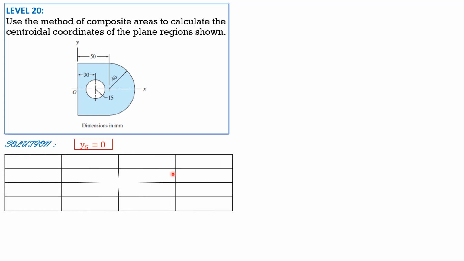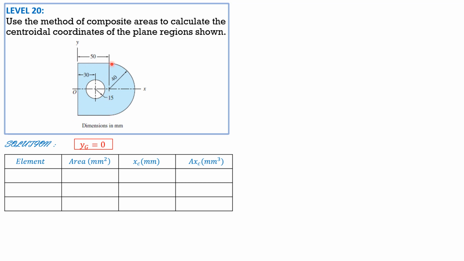So let's tabulate. We have element, the area in mm square, the x sub c of individual element in mm, and the product area times x sub c in mm cube. So for element 1, let's consider this rectangle here.